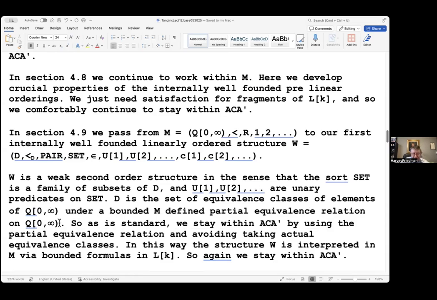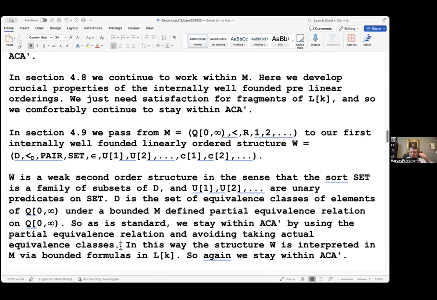Using this internally defined isomorphism relation between internally pre-well ordered systems. So, as is standard, we stay within ACA prime by using the partial equivalence relation and avoid taking actual equivalence classes.